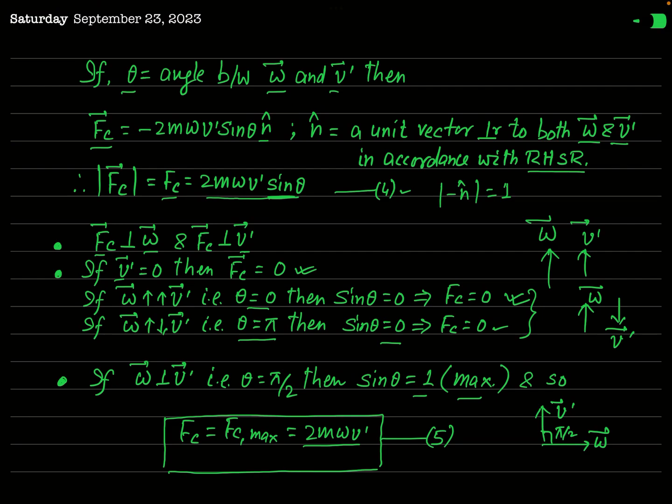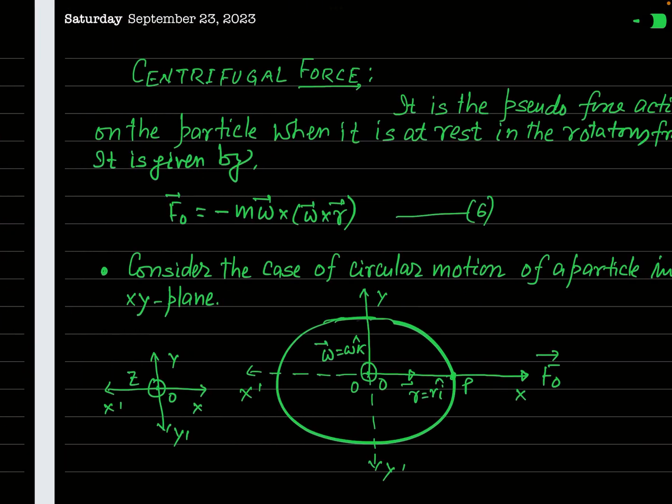It will be 0 when the particle is at rest in a rotatory frame or when omega and v prime vectors are collinear, and it is maximum when omega and v prime are perpendicular to one another. So now the concept of Coriolis force is very clear to you.